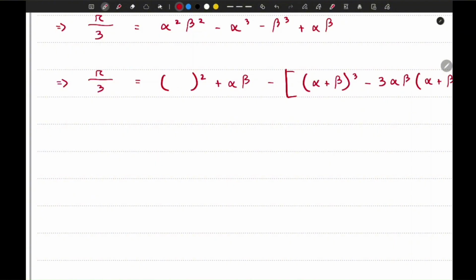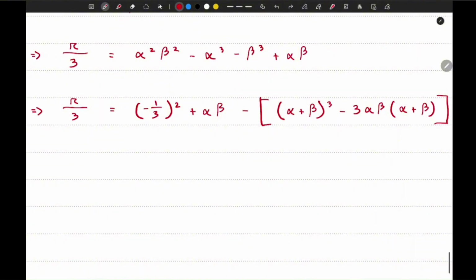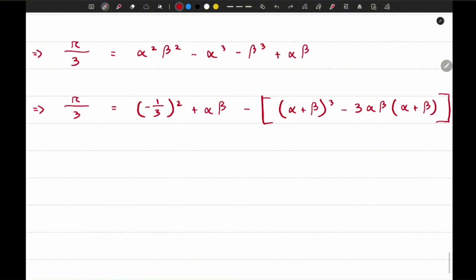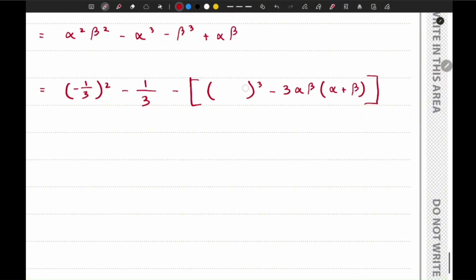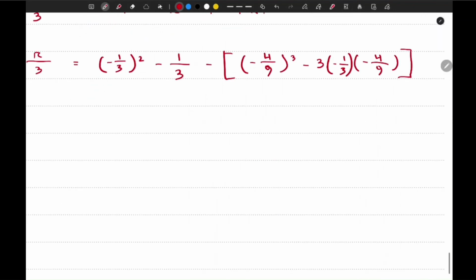So the value of alpha beta is negative 1 over 3, and the value of alpha plus beta is negative 4 over 9.